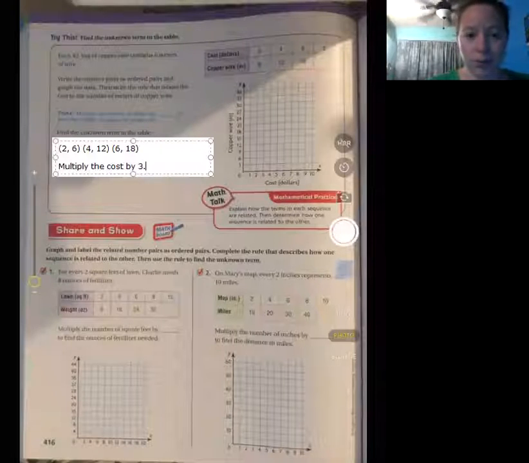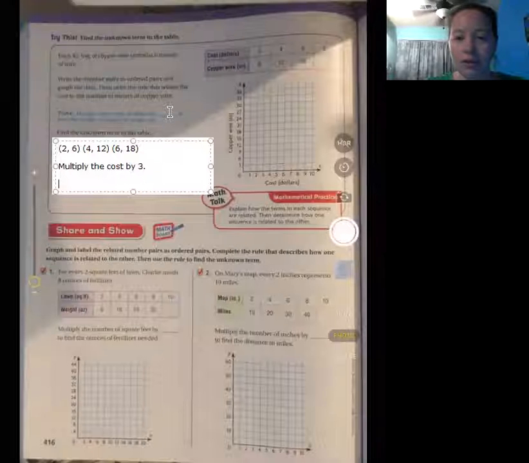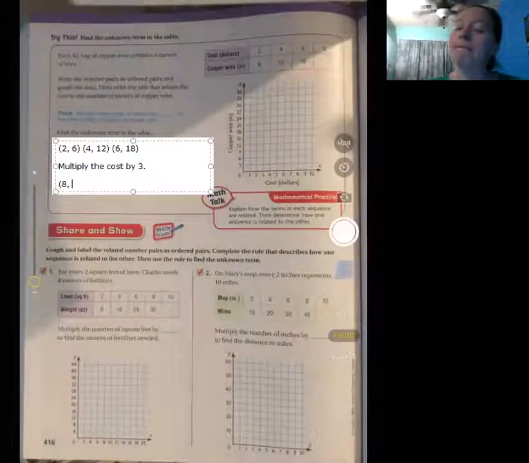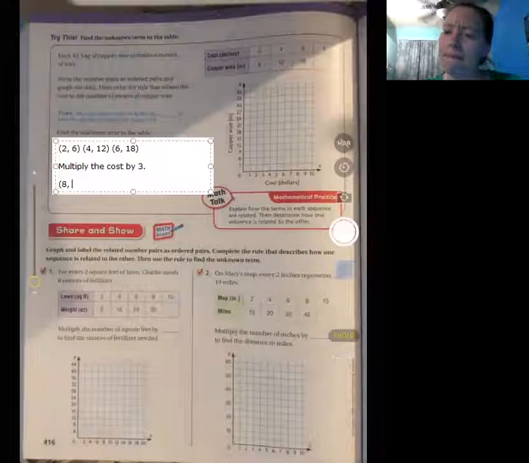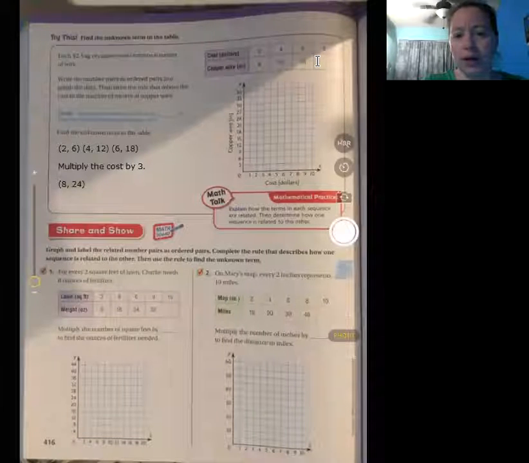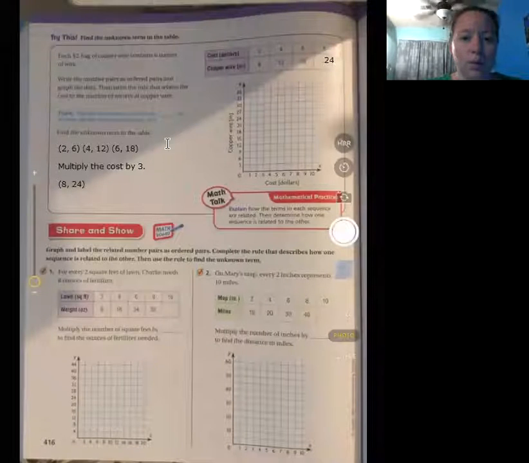That's what we need to do, which means our final number is 8, what's 8 times 3? 24. And we can put a 24 in up here. All right. Now they want us to multiply by 3.